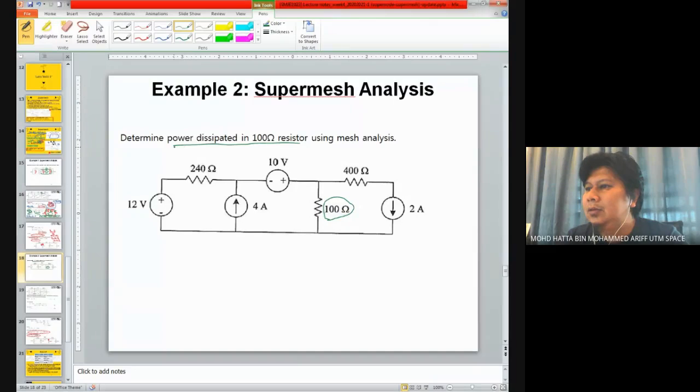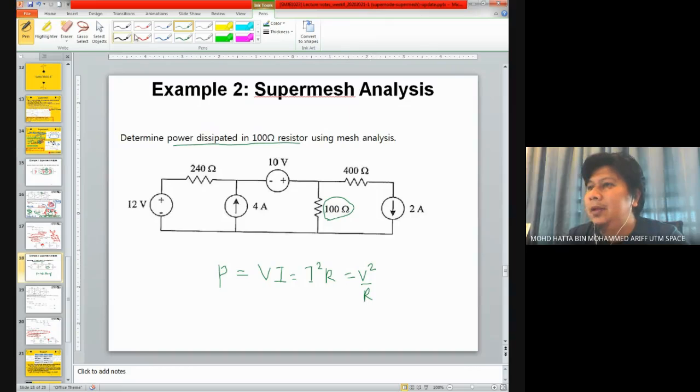To determine the power dissipated, you can use these three options: V times I, or I squared times R, or V squared over R.